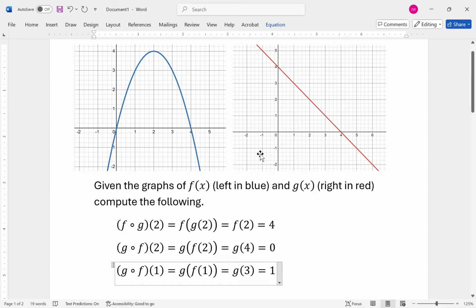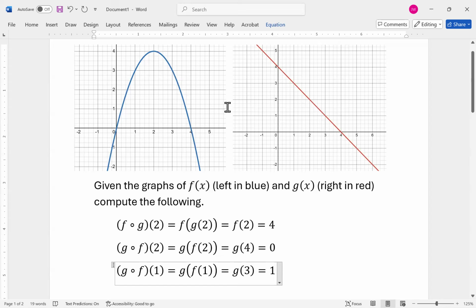So this is how we can use graphs of two different functions to do function composition. And obviously, if we have screenshots of these graphs, I don't necessarily know what g of 10 is, because that's way off the side of the screenshot. I don't know what f of 10 is, because that's off of the realm of the screenshot.